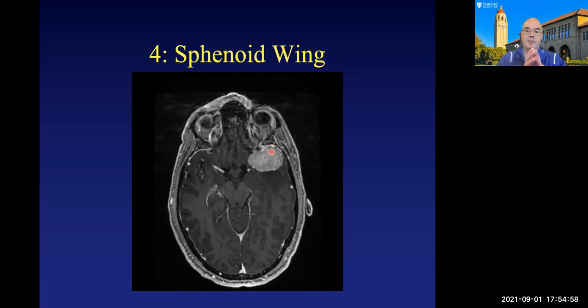So how do you manage the sphenoid wing meningiomas? For the most part, they can be resected at least either completely or near completely. The challenge on the larger meningiomas of the sphenoid wing is the proximity to the blood vessels.